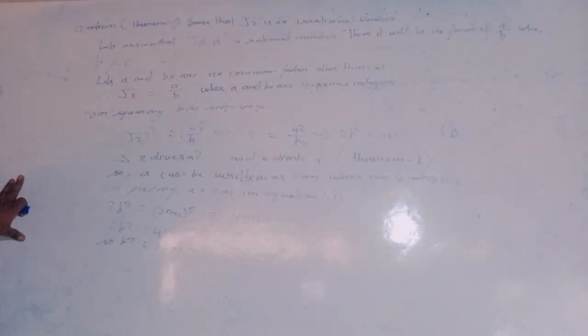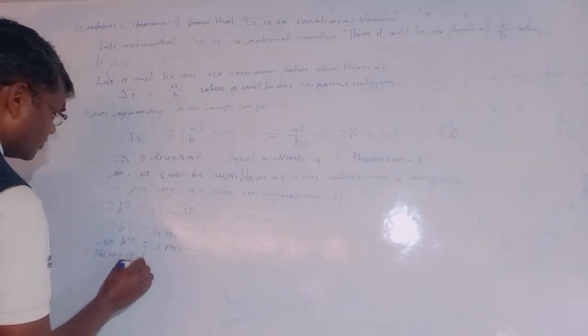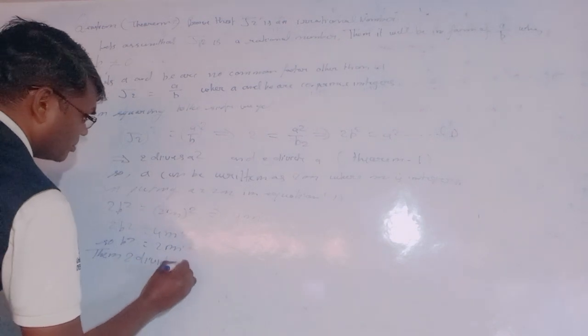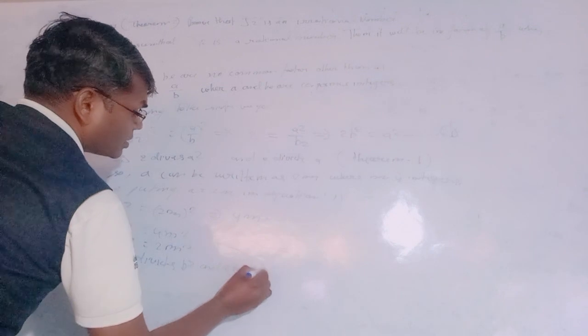Then 2 divides b square, so 2 divides b. Got it?